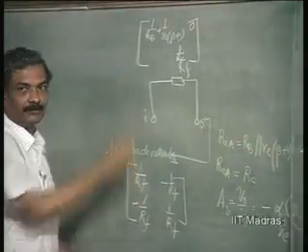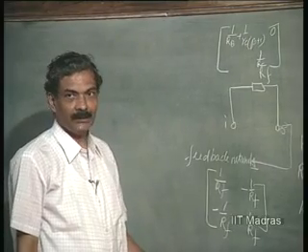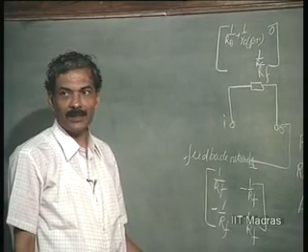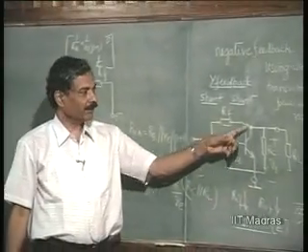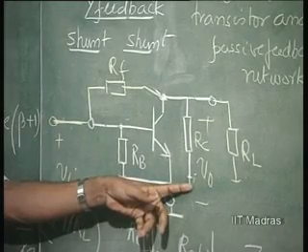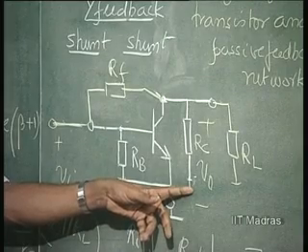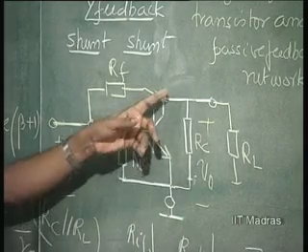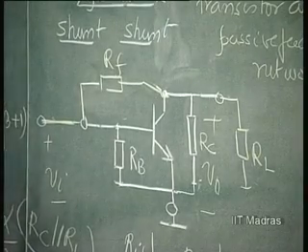And what is YF? I am applying a voltage and finding out the short circuit output current. If I apply voltage VI here and short the output, the output current is going to be nothing but GM times VI by definition. This is GM, flowing in which direction?